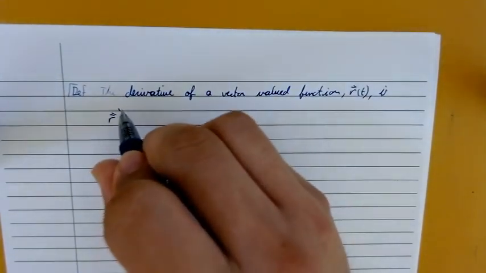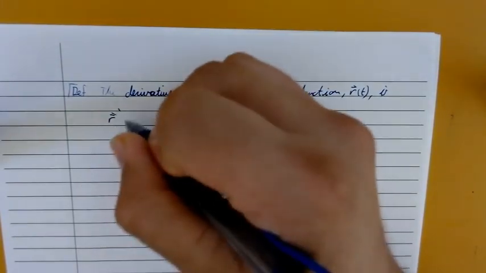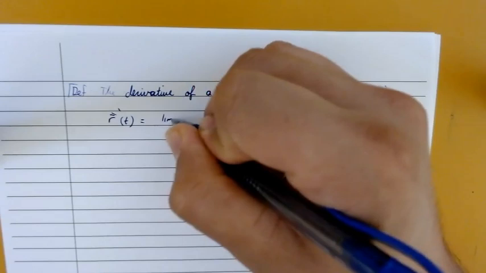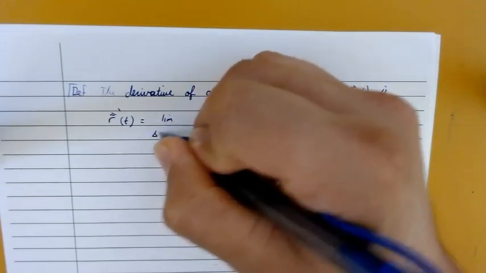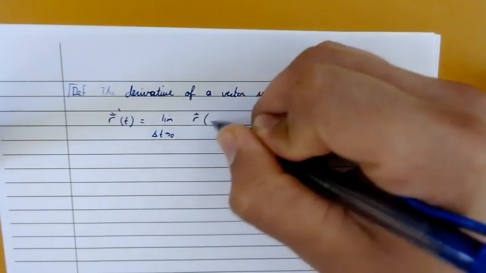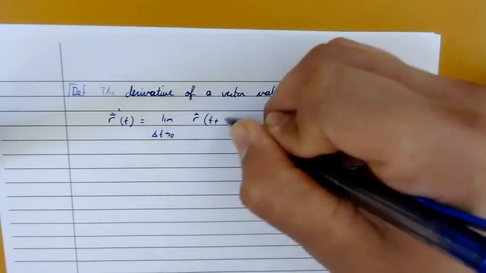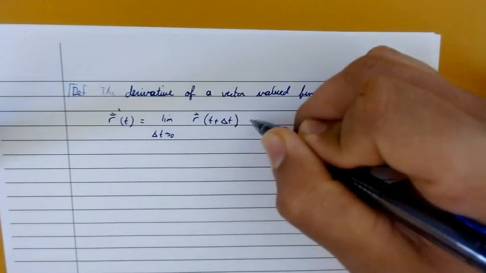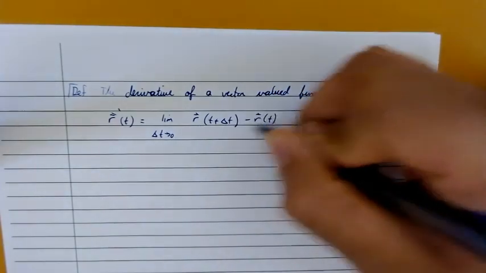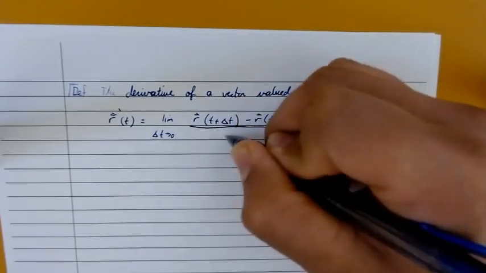We use the prime notation here, R prime of t, equal to the limit as delta t approaches 0 of R of t plus delta t minus R of t over delta t.